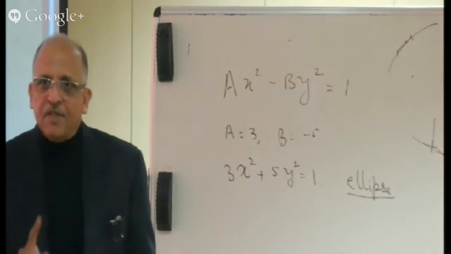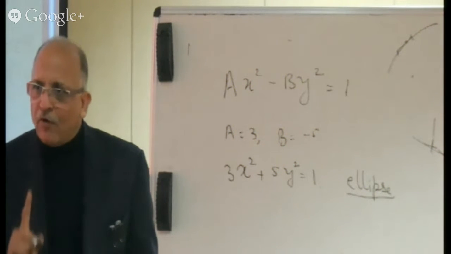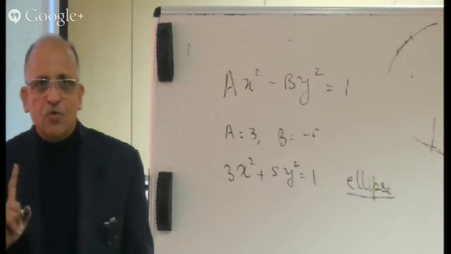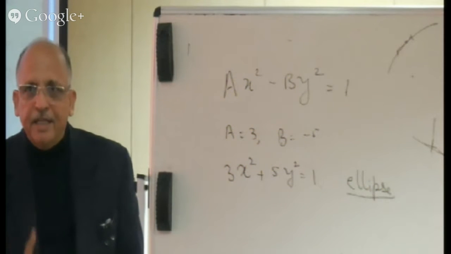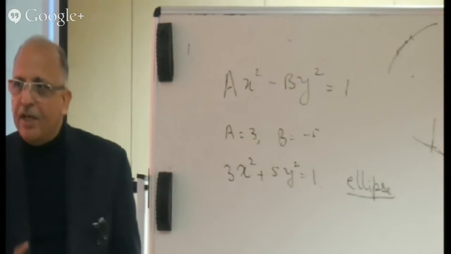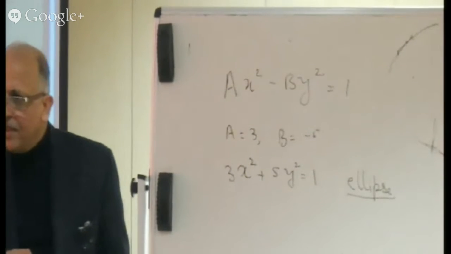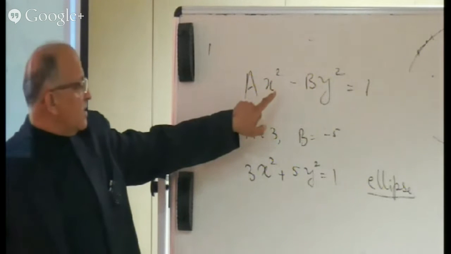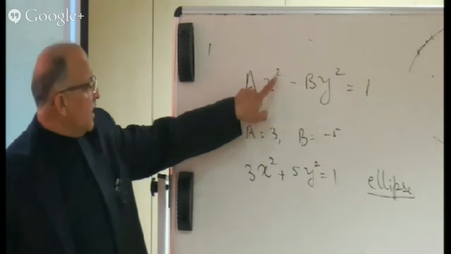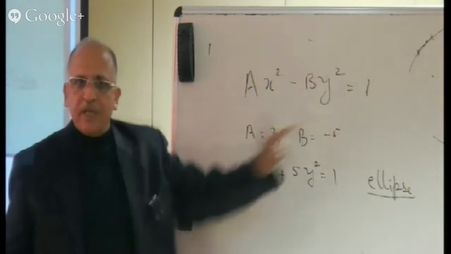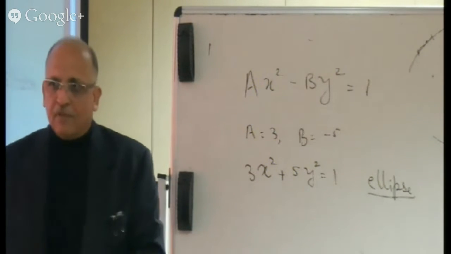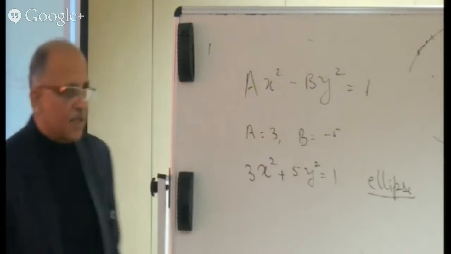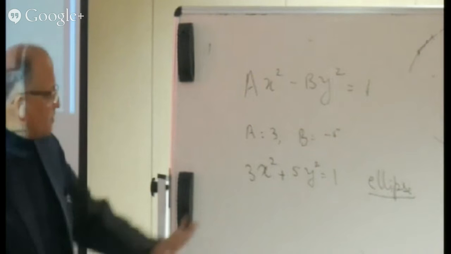An equation which contains at the most one power of x and at the most one power of y is called a linear equation or equation of degree 1 in two variables x and y. So this is a second degree equation. In this, x is having power 2, y is having power 2. There are two terms and both of them are second degree. You can have other terms. I'll come to that. So this is an ellipse.